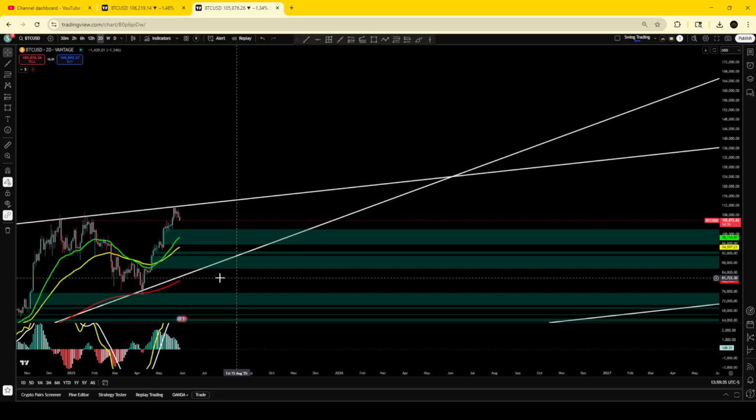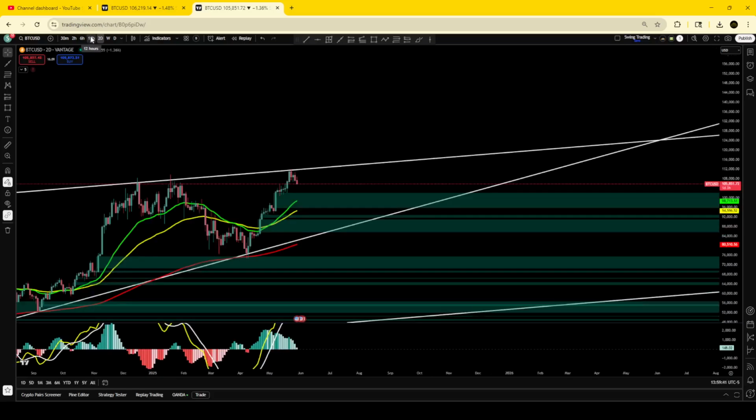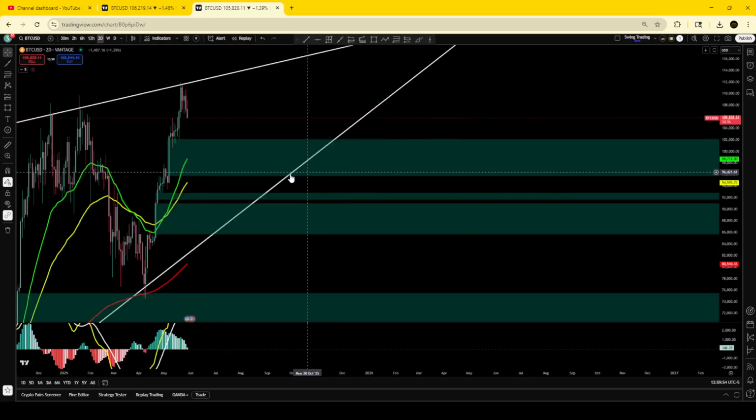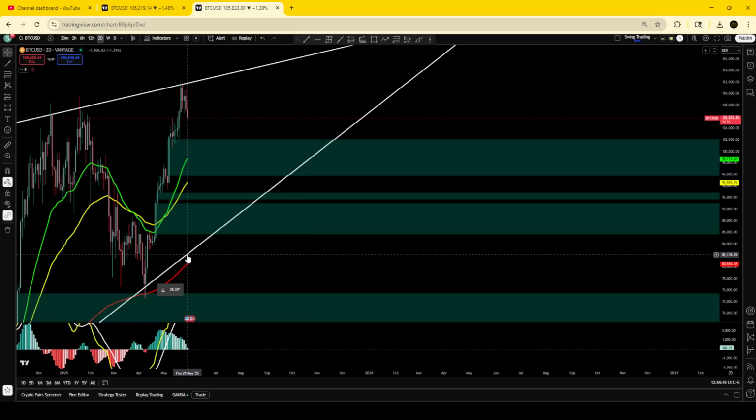Moving on. So now I go down to the 12-hour and draw my real trend line. So I used the two day to say, hey, if I'm on a smaller time frame, I know if price gets close here, there will be a reversal, most likely.